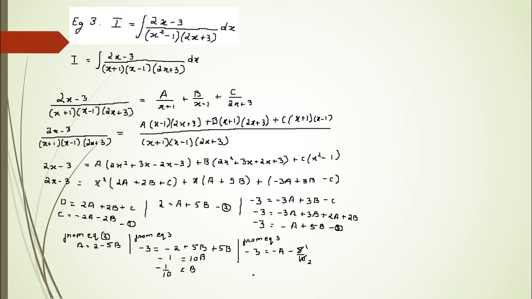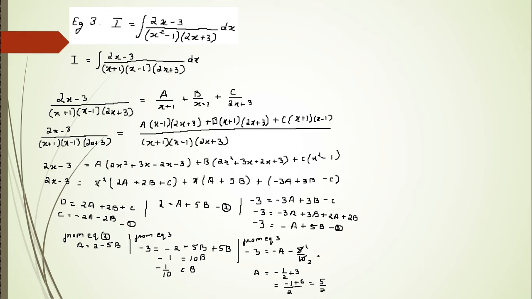Therefore a is equal to minus 1 by 2 plus 3. So this I will get minus 1 plus 6, so this is equal to 5 by 2. A is equal to 5 by 2.